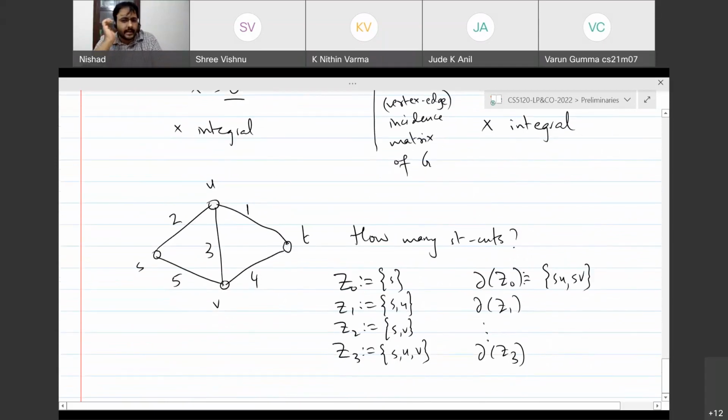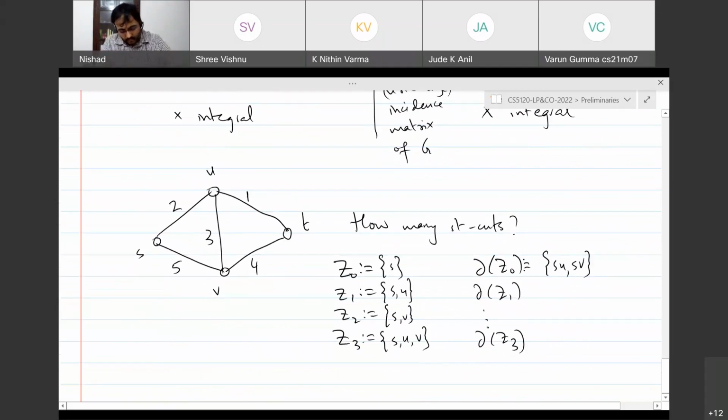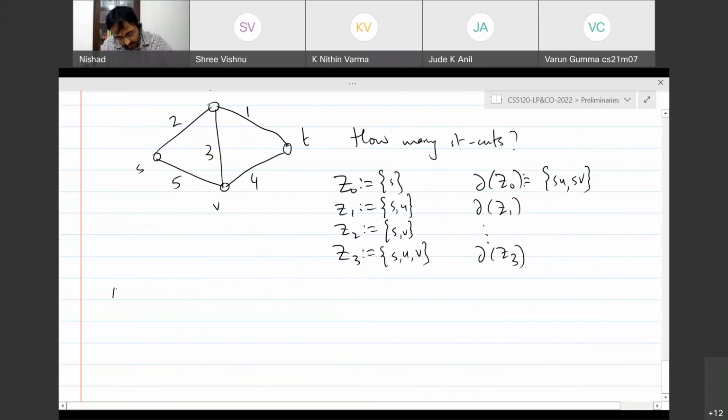So it is like an incidence matrix, but it's not the vertex edge incidence matrix. It's a different kind of incidence matrix. What should my rows be indexed by, and what should my columns be indexed by? Right? So we are going to write down a matrix like this.